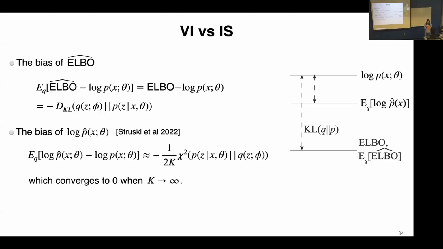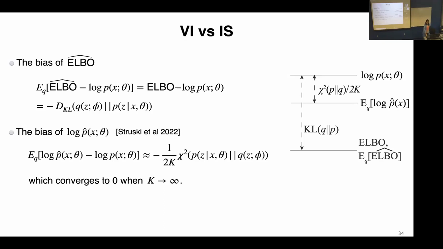This was derived by a previous paper already. This has existed for a while. And by looking at this bound, you can tell the gap, the bias, actually depends on K, which means with infinite K, the gap will converge to 0.